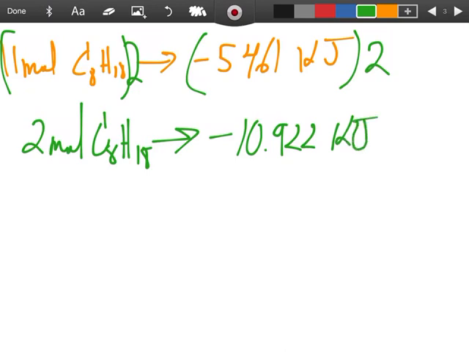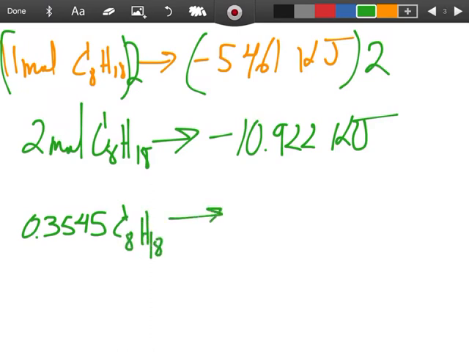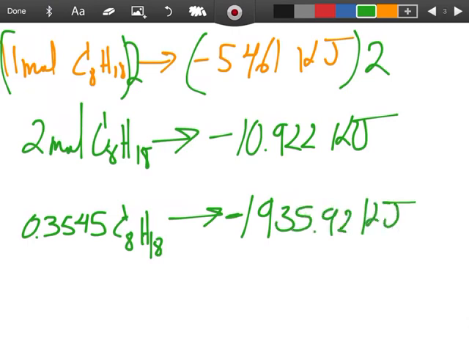So for example, if I have 0.3545 moles of C8H18, I will be releasing, that's why the minus, 1,935.92 kilojoules, okay?